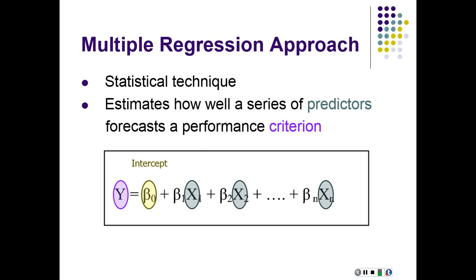Now this B sub 0, in this particular notation, different people, I notice, write this multiple regression formula differently, which is one of the things that makes math so awesome. Can you please just use the same symbols? And then maybe we wouldn't freak out so hard. But anyway, the intercept is the B sub 0, and that's where the line that we're going to be drawing from this formula intersects the y-axis.